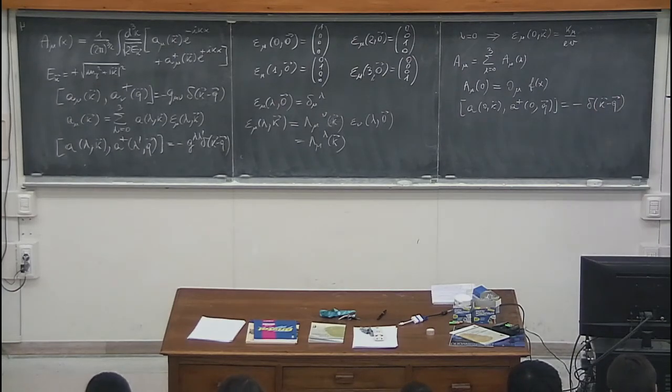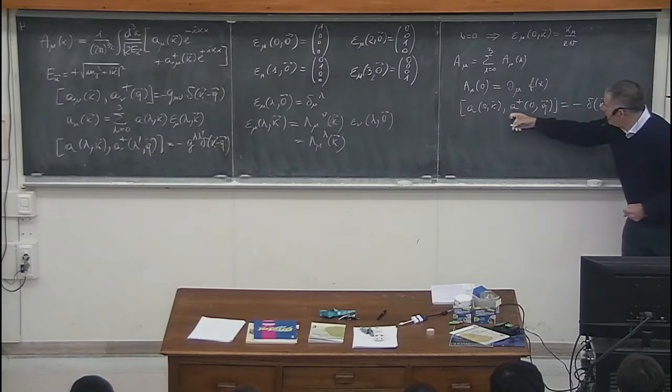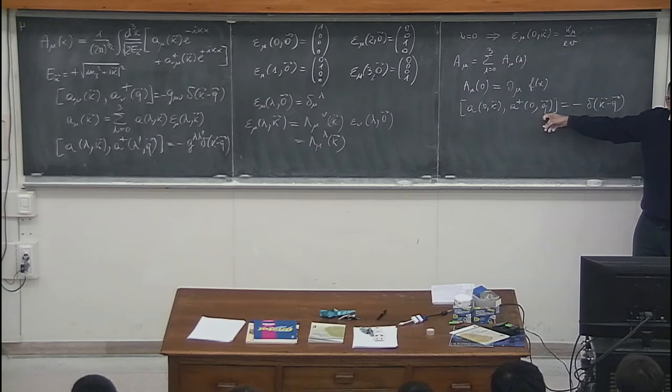And this implies, as I will show you in a moment, I have 5 minutes to make this important proof, but I will do it. This means that the physical single particle states that you build out of these creation operators are states with negative norm. So they are unphysical states, they must be excluded from the physical spectrum.